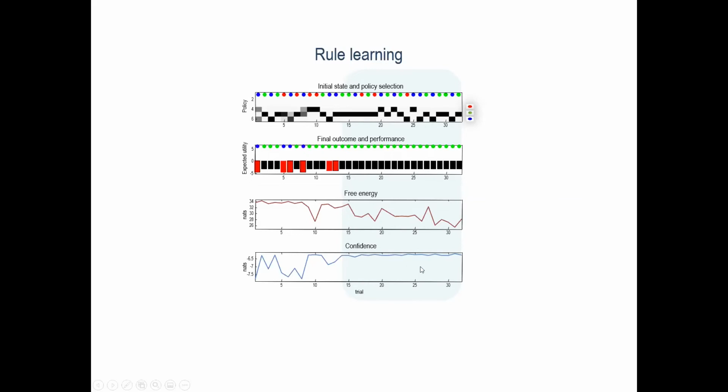So what we have here is a mathematical model of rule learning just by learning the parameters of a likelihood mapping in this sort of multifactorial generative model. And it's interesting because we can go in and start to ask, well, what differentiates the belief updating and the physiological correlates of that updating that we might see if we were actually looking at a human being or a mouse doing this task, before and after learning the rule.